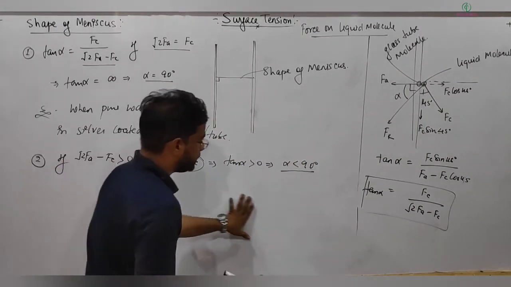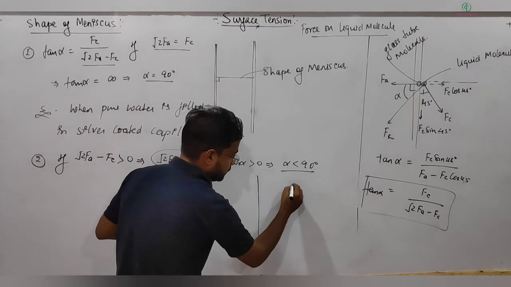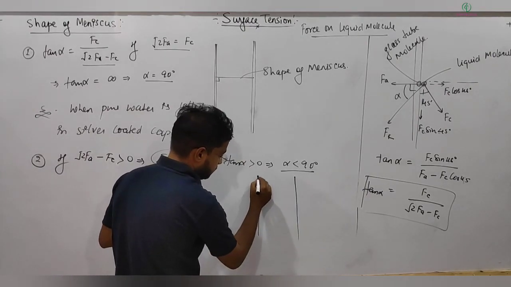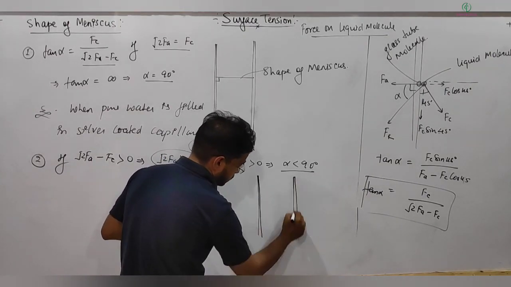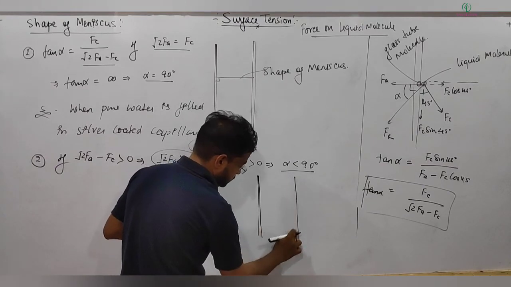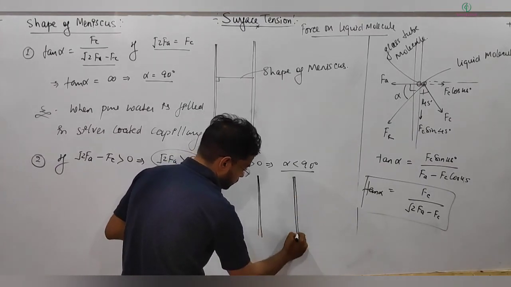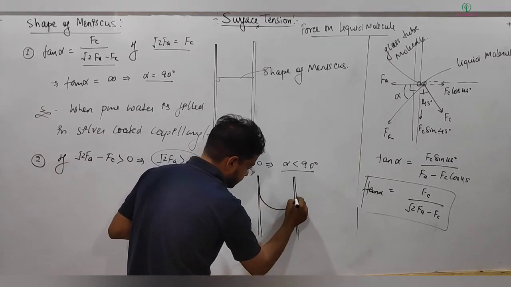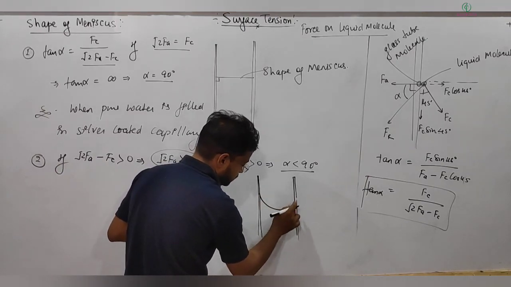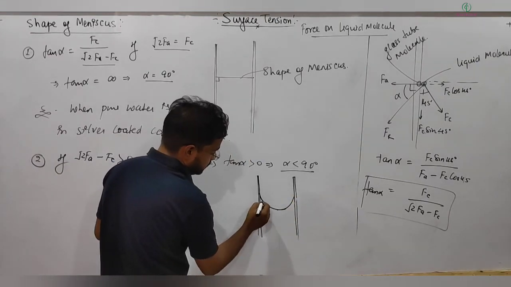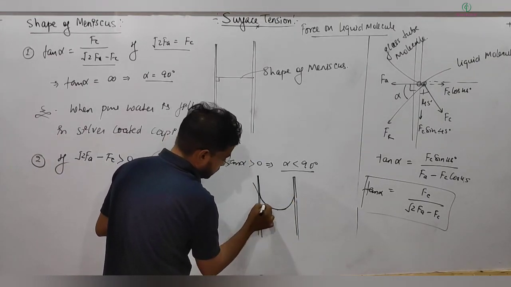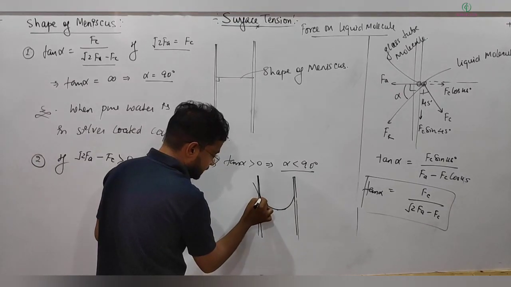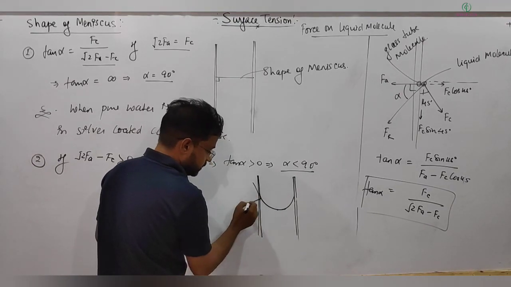Alpha, so the orientation, this is the capillary, then orientation will be in this situation, it will be in this shape, right? And here net force will be like in this direction.